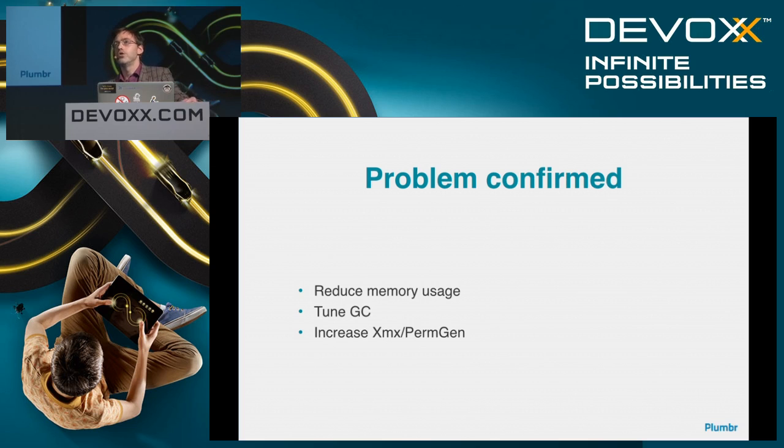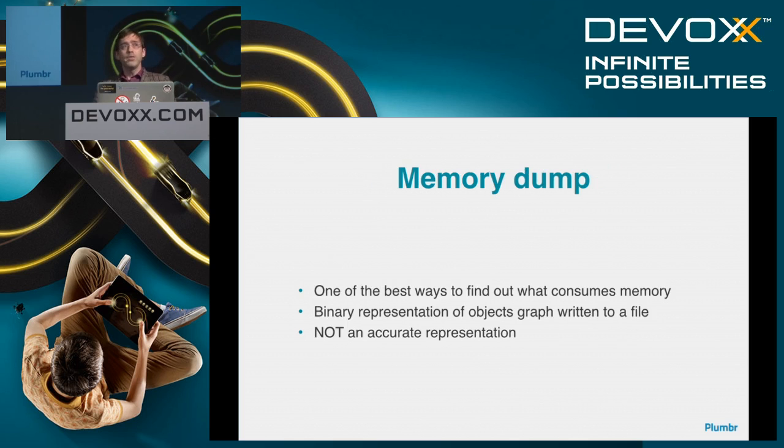You can change your data structures. You can tune your GC so it would run more often, or you can tune your Xmx. Sometimes just increasing the available heap is the right thing to do. But for example, if we have concluded that we have a memory leak, what to do?